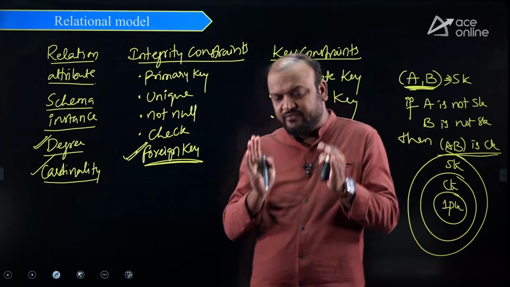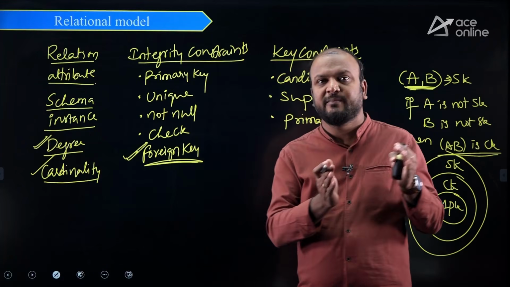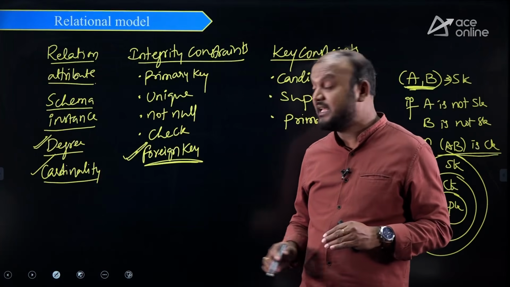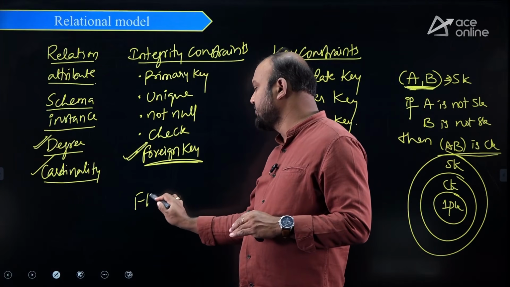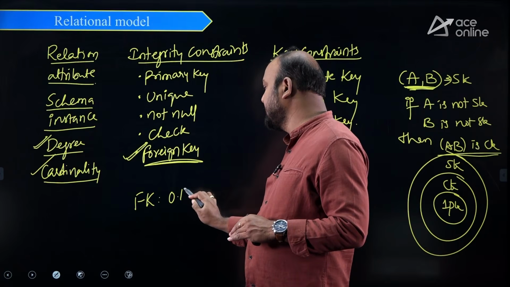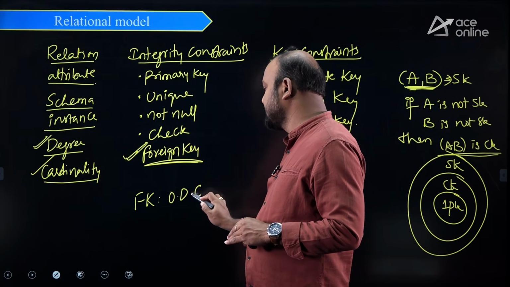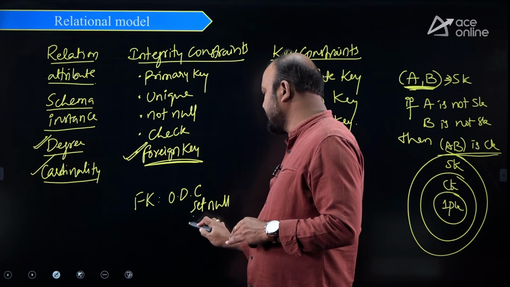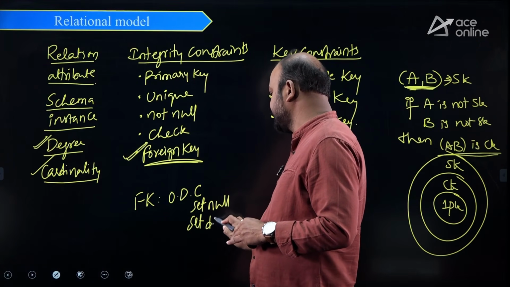And suppose if a tuple is to be deleted from the parent, and the corresponding tuple is to be deleted in the child, then we use a condition on foreign key called on delete cascade. Along with cascade, we have set null, and also set default cases.